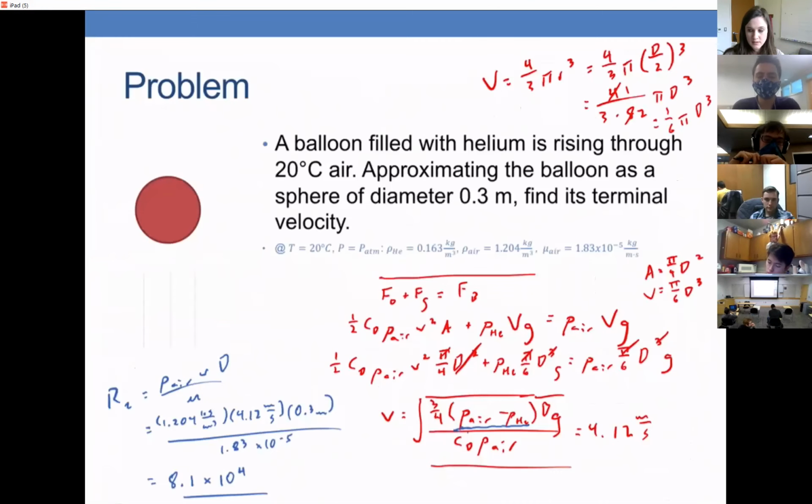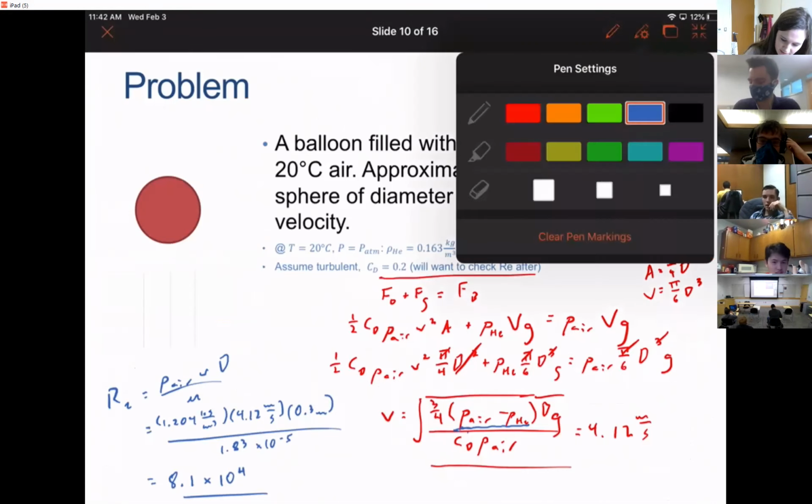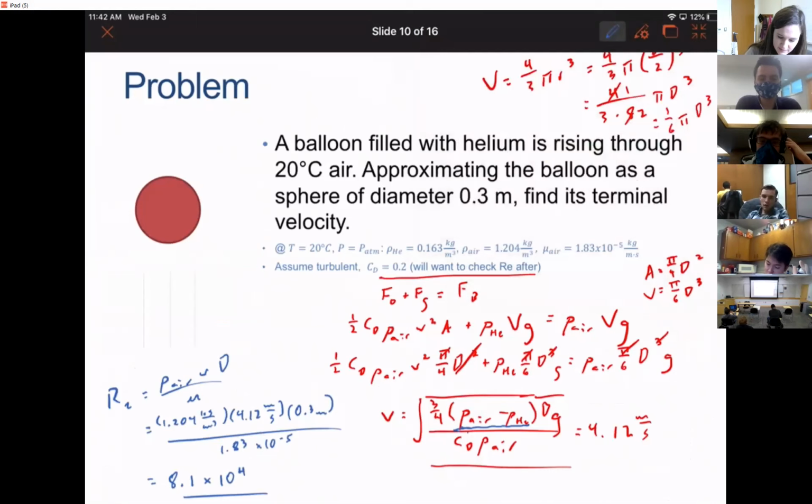Okay, quick question, could you go over just what you were saying about the assumptions you make when the densities are very different versus very similar? So if the densities are very different, so let's say density of air minus density of helium. Let's say in this case, that would be 1.204 for the air and 0.163 for the helium. So these densities are pretty close.